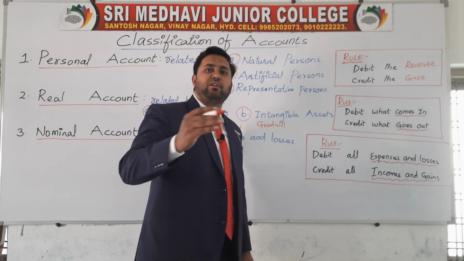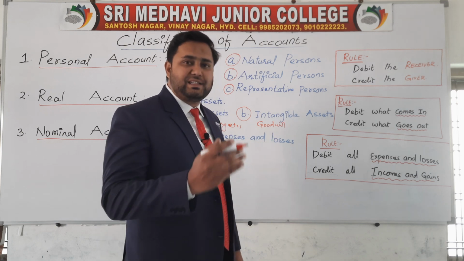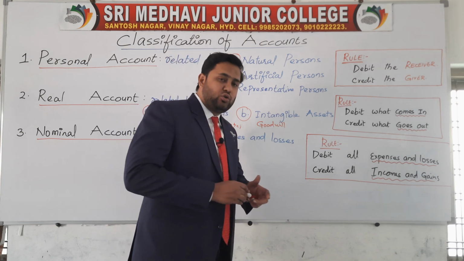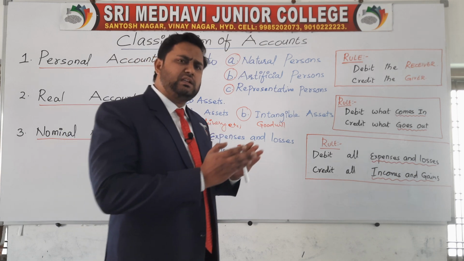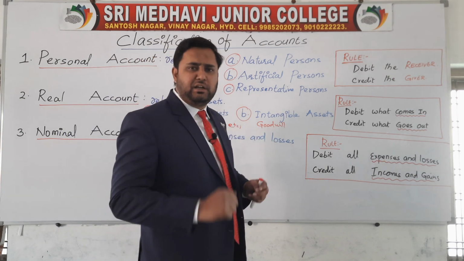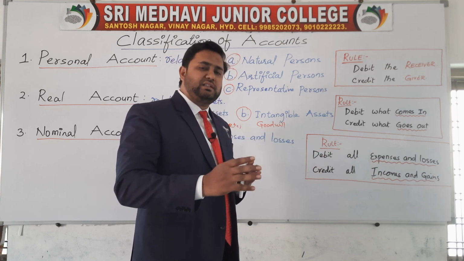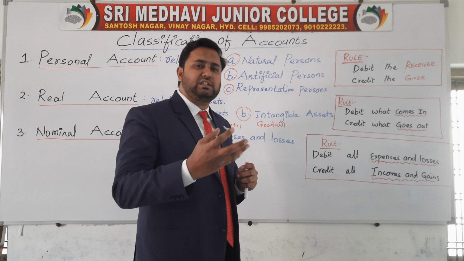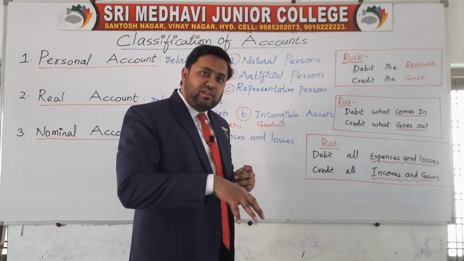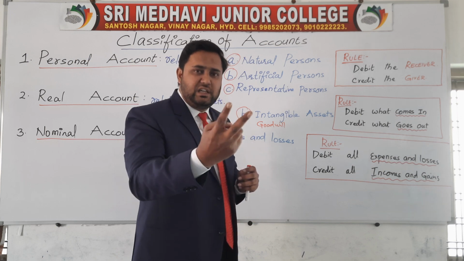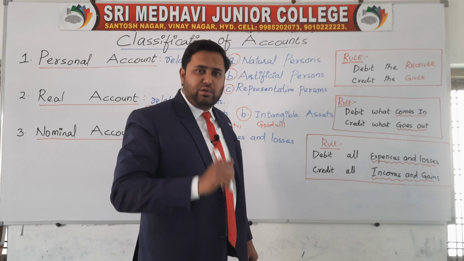It's an intangible asset. So real accounts are related to assets, either tangible or intangible. Tangible assets such as furniture, machinery and cash have physical existence; you can see, touch and feel them.